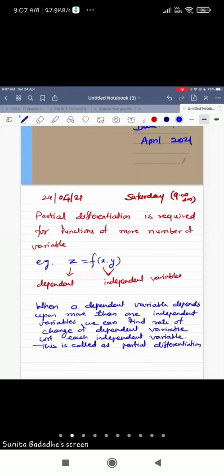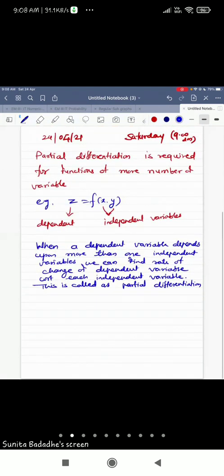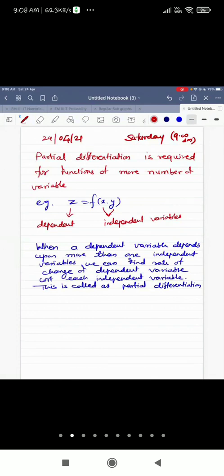So for example, consider the volume of a parallelepiped. Can anybody tell me the formula for the volume of a parallelepiped? A parallelepiped is such a figure: we have one rectangle, then another rectangle, and they are joined.